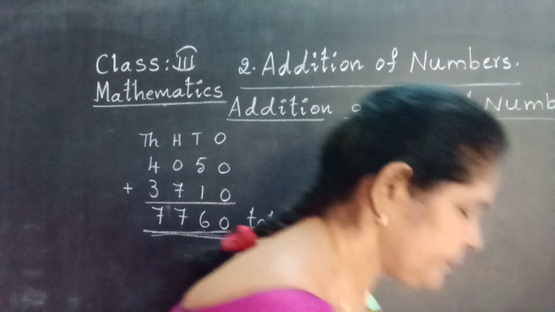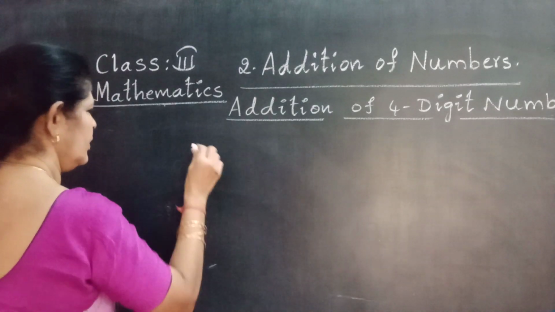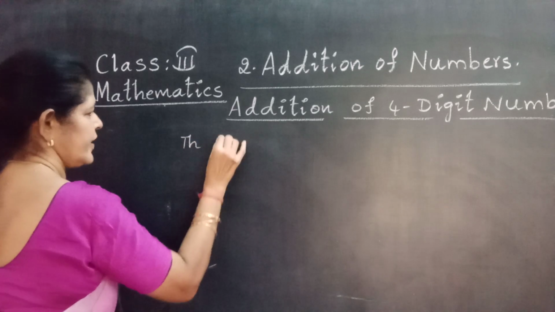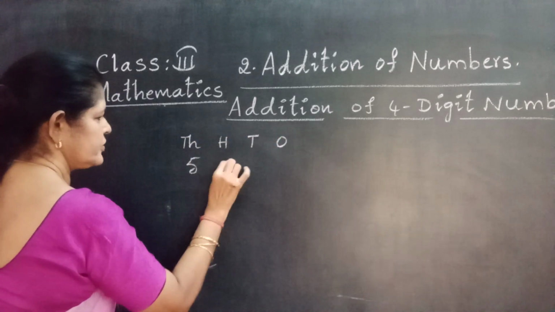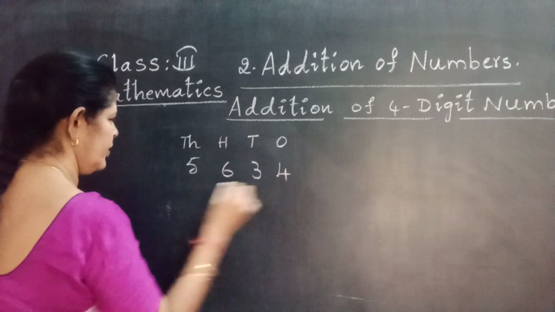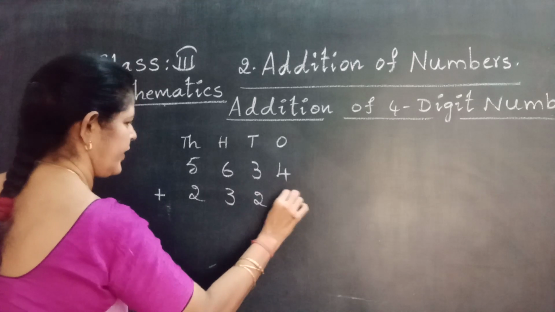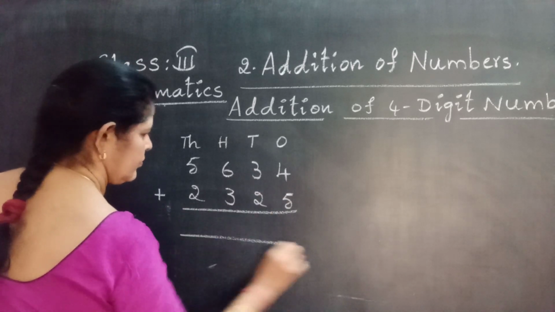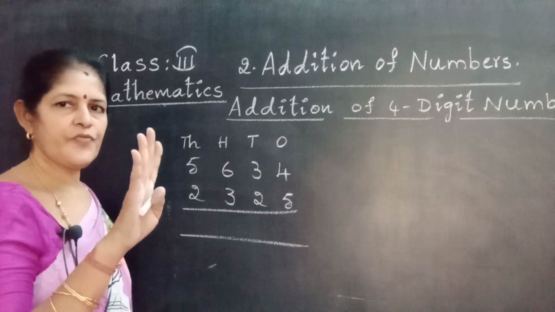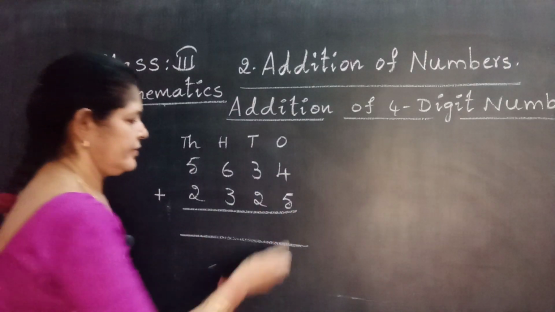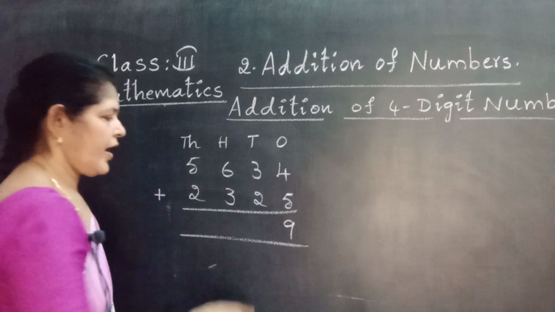Another example. 4-digit numbers: thousands, hundreds, tens, ones. 5634 plus 2325. Start from ones, 4 plus 5, take 4 fingers, 5 after, 9. Tens: take 3 fingers, 2 after 3, 4, 5.